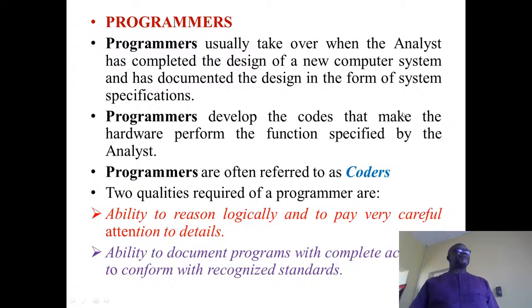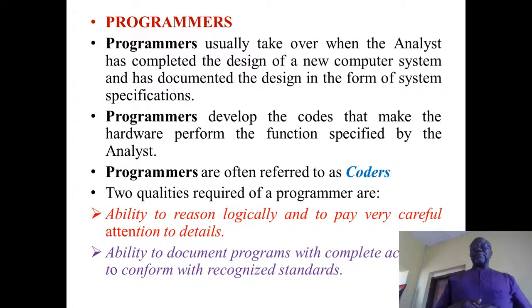The next in the group are the programmers. Programmers usually take over when the analyst has completed the design of a new computer system and has documented the design in the form of system specifications. Programmers develop the codes that make the hardware perform the functions specified by the analyst.